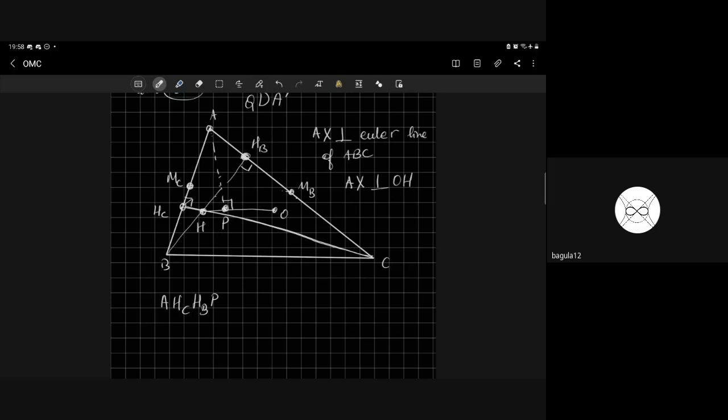Yeah, makes sense. And also one more: A, MB, MC, P. They lie on a circle with diameter AO.